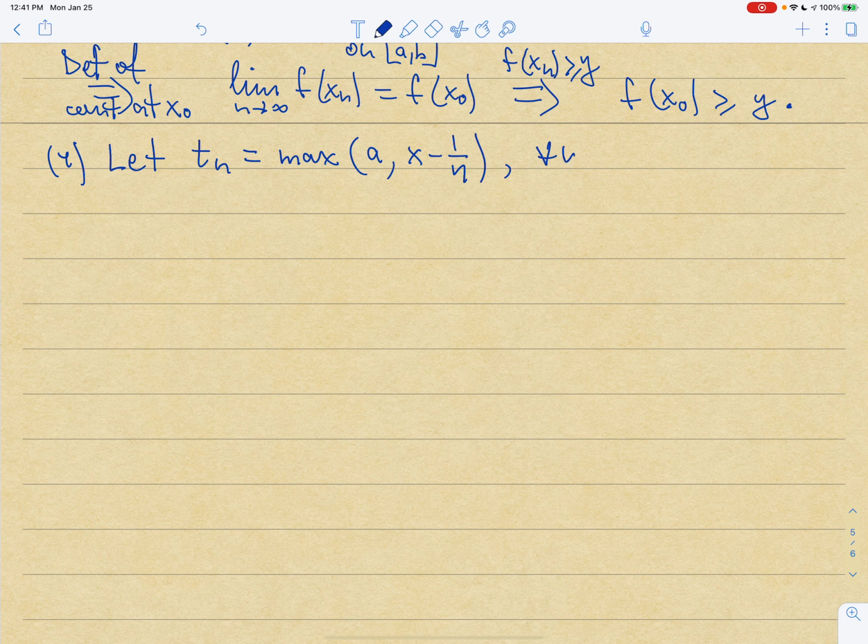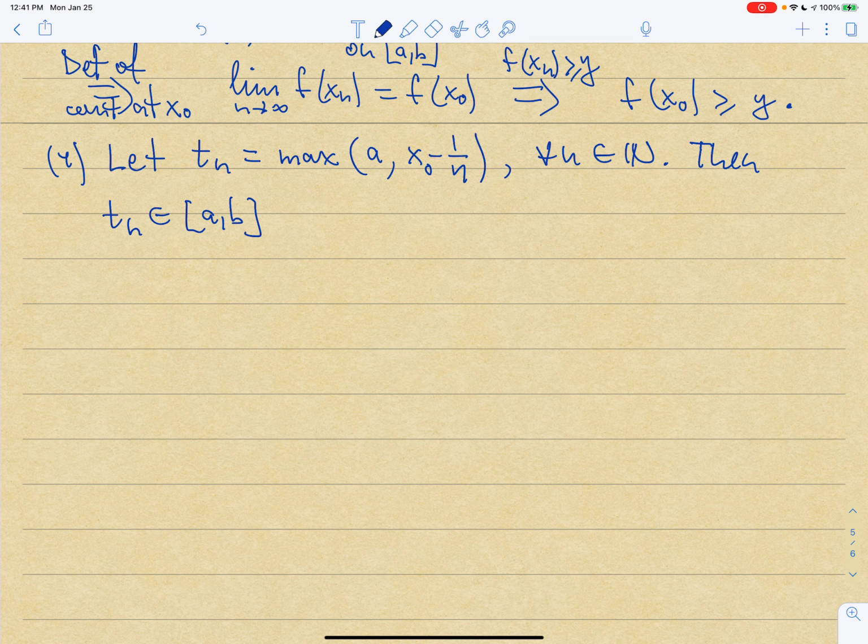And this is for any n, which is a natural number. Okay, so then Tn belongs to the interval from a to b, not x but x0.